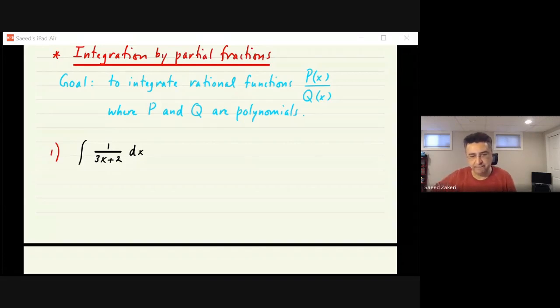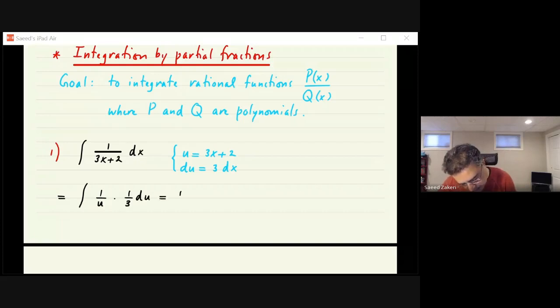3x plus 2. Yeah, exactly. So this is a simple substitution. Call u 3x plus 2. du will be 3dx. So after this substitution, you get integral of 1 over u, and dx is 1/3 du.